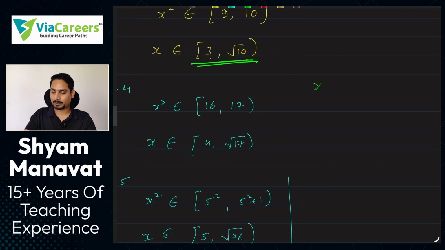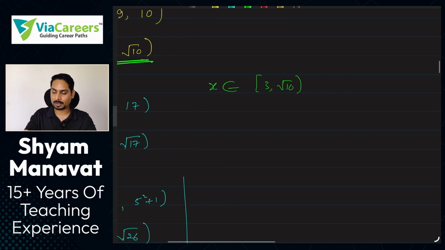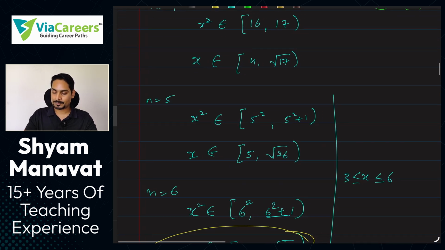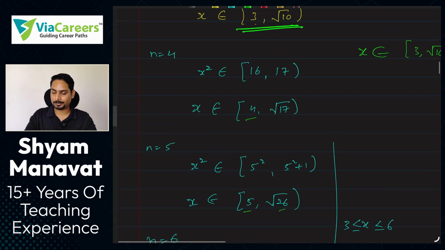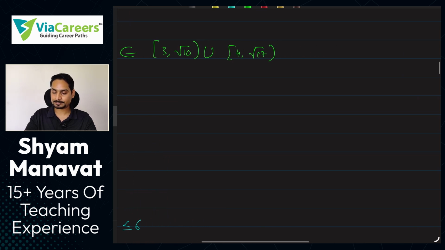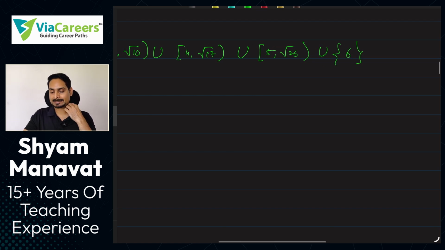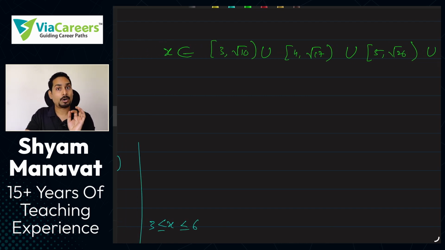So x belongs to anything from 3 to root 10, where root 10 is not included, or it can belong to 4 to root 17, where 4 is included but root 17 is not included, so open bracket here, or it can belong to 5 to root 26, or it can take 6. So this is all possible values of x, all feasible values of x, and that should also be the set S.